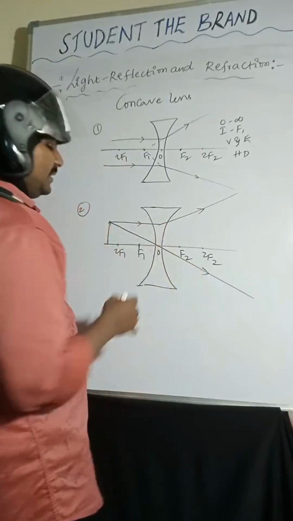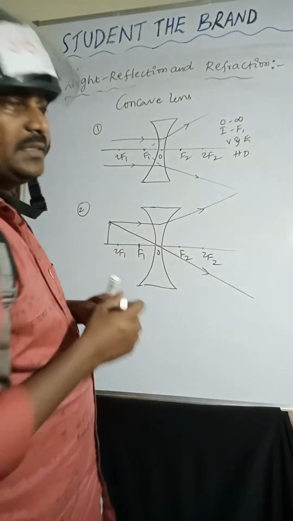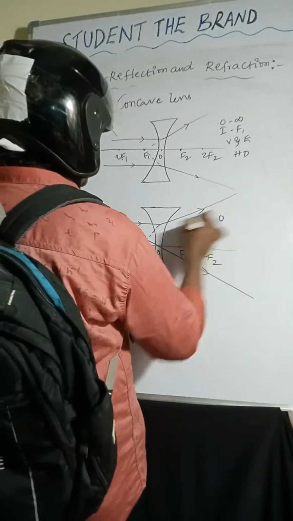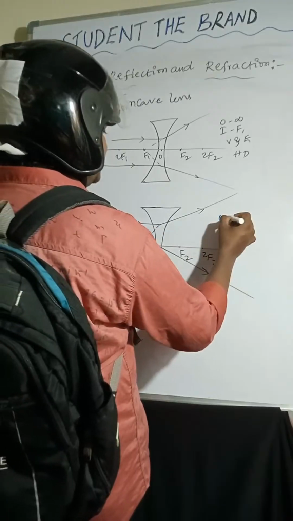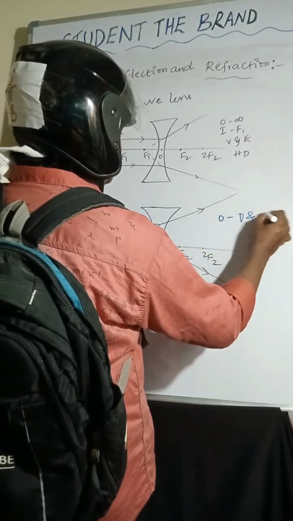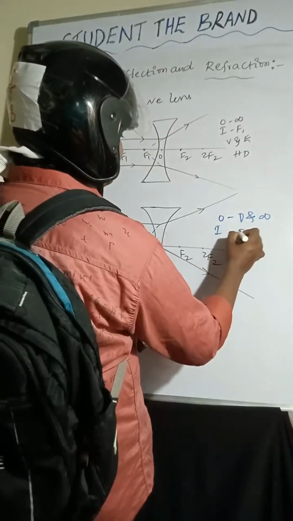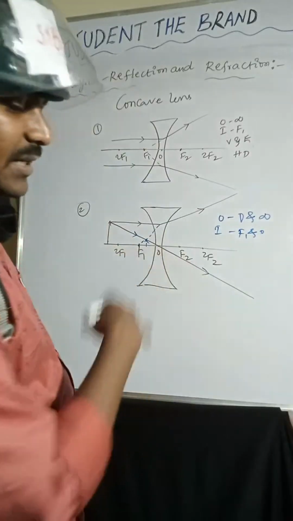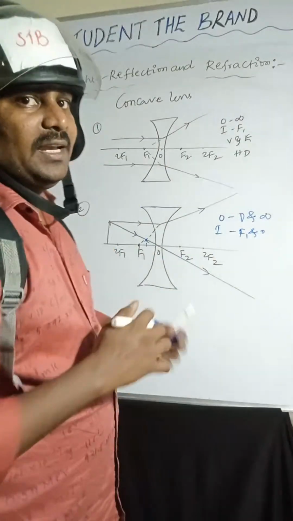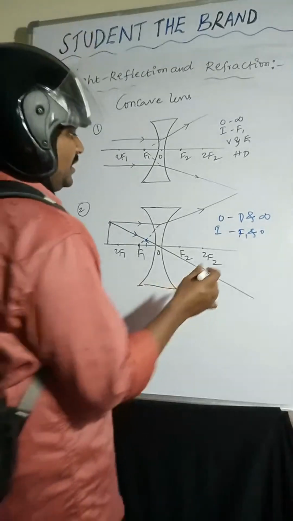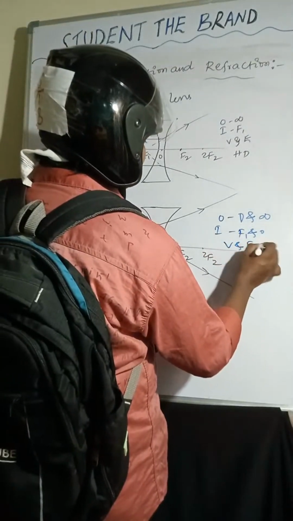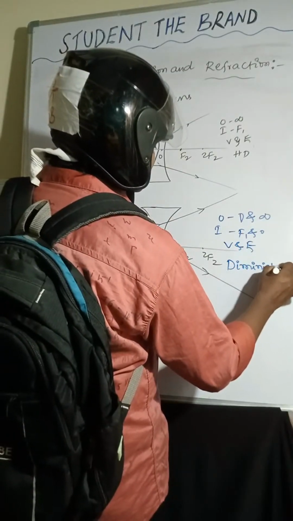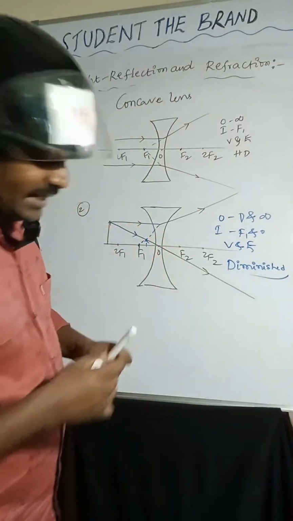So if we extend these light rays, image will form here. Object is placed between optic center and infinity. Image will form between F1 and O. Nature of the image is virtual, erect and diminished. Right? Next one.